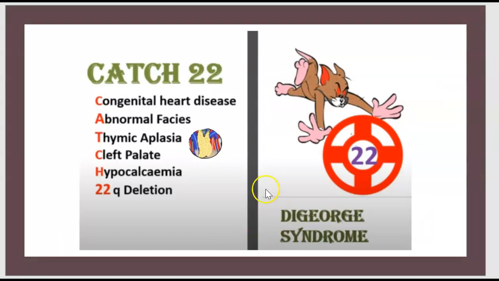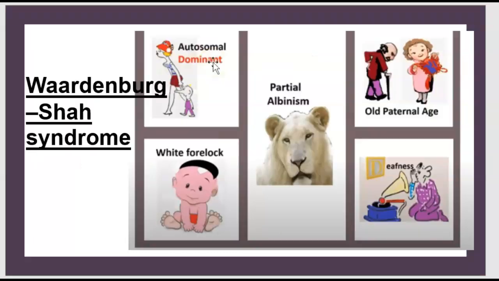DiGeorge syndrome, CATCH-22: congenital heart disease, abnormal facies, thymus aplasia, cleft palate, hypocalcemia, 22q deletion. Waardenburg syndrome: autosomal dominant, old paternal age, partial albinism, deafness, and white forelock.